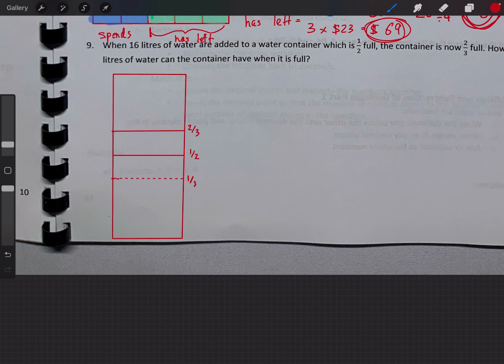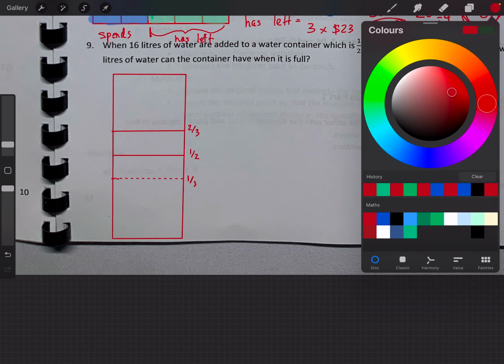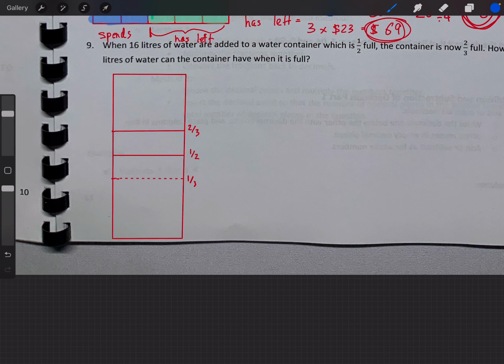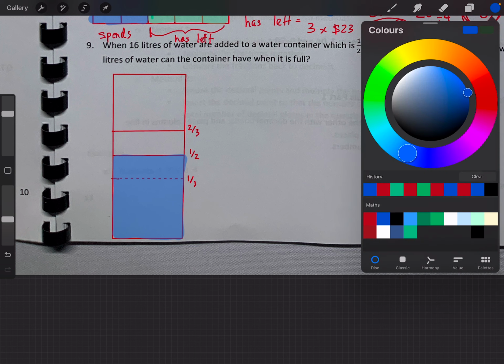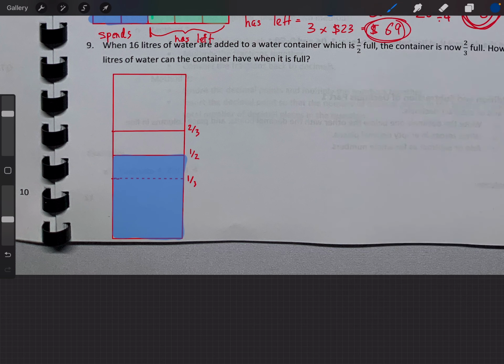So what happened is, it used to be half full. I'll just color this in for you so you can see. Here's your half full of water. Now, we're going to add some more water. So I'm going to make this one darker so you can see that this is different.